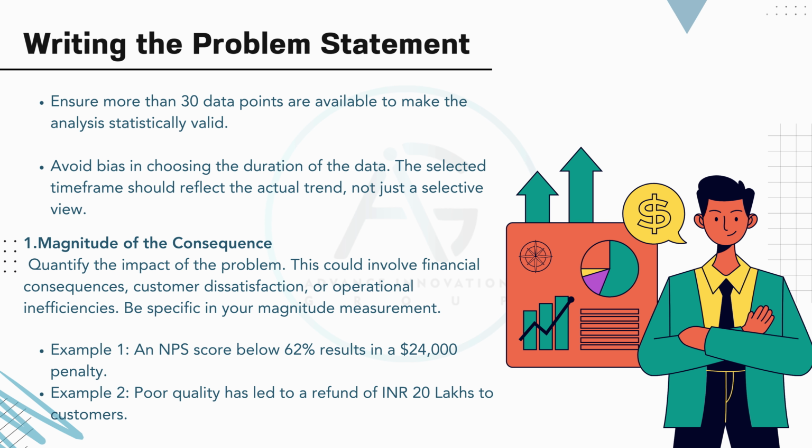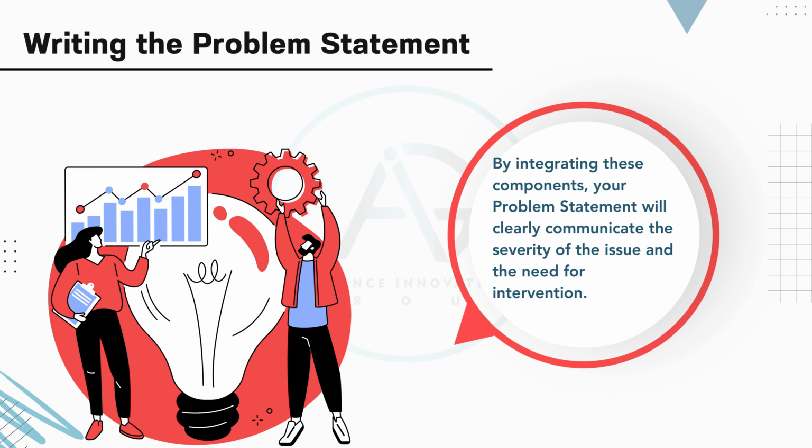Being this specific and data-driven not only strengthens the problem statement, it builds urgency and aligns stakeholders around the need for action. By integrating all key components, quantitative data, performance gaps, statistical validity, and real impact, we create a problem statement that clearly shows the severity of the issue and the need for action.